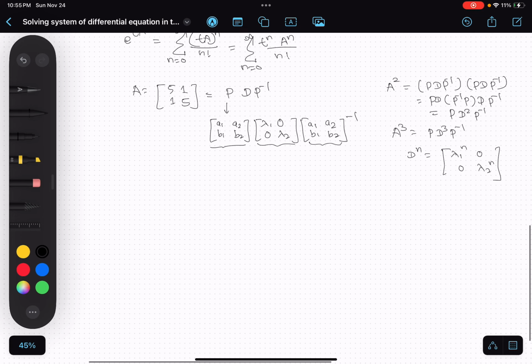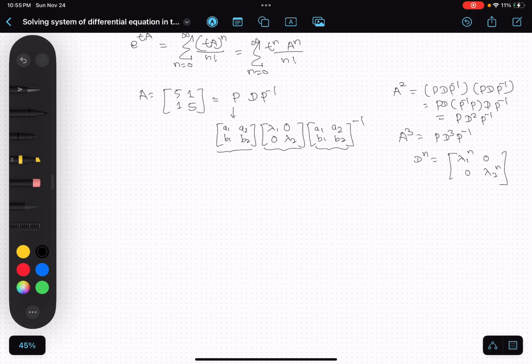Okay, so now to find eigenvectors, we go through the definition. Eigenvectors and eigenvalues are defined as follows: for a matrix A, an eigenvector is such a vector that if A is multiplied to it, the vector just gets scaled. So this is the definition, we will use this one.